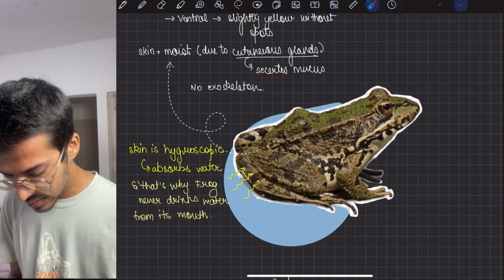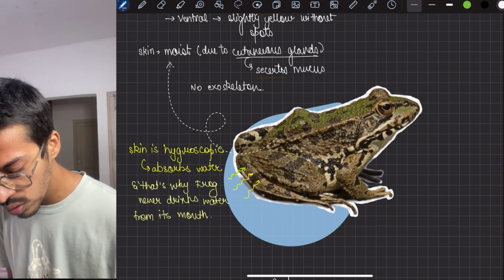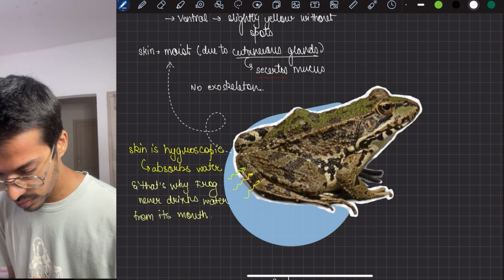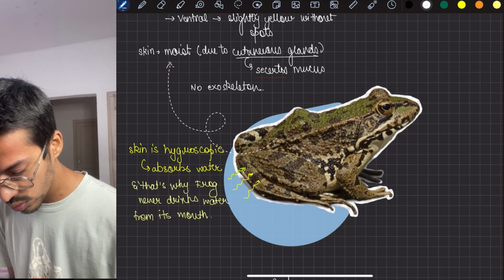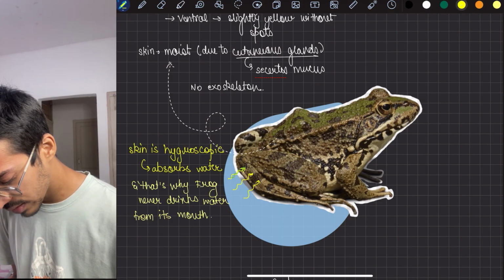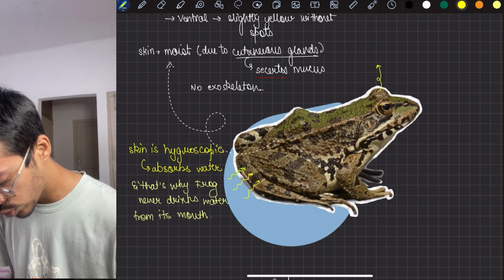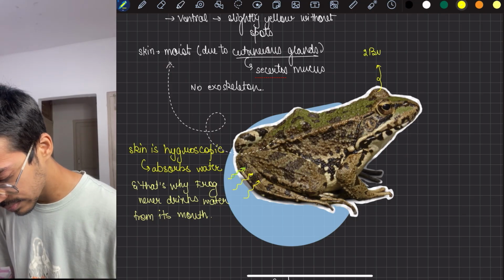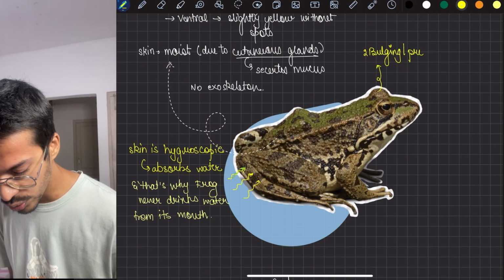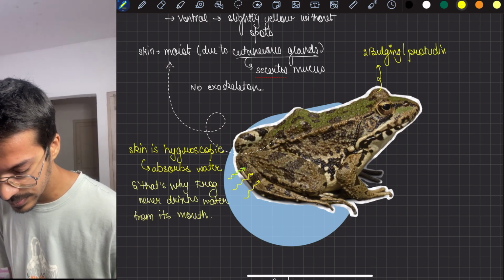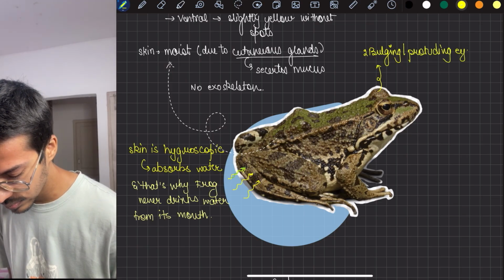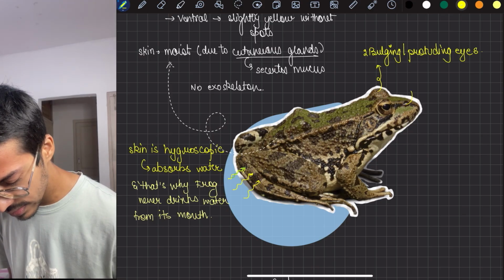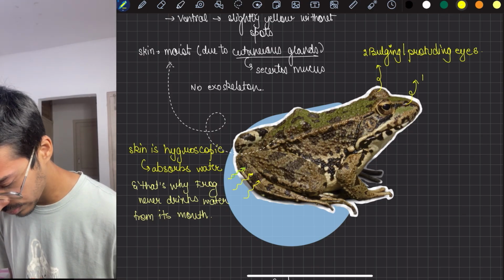Now we have to write these down. We have two bulging or protruding eyes, and it has nostrils.